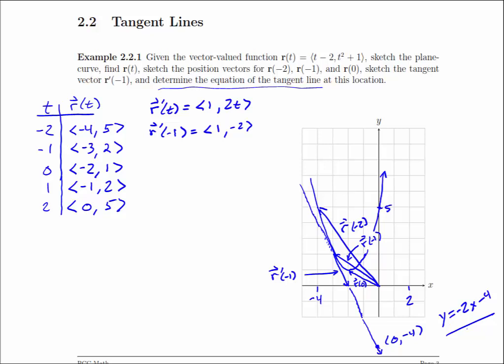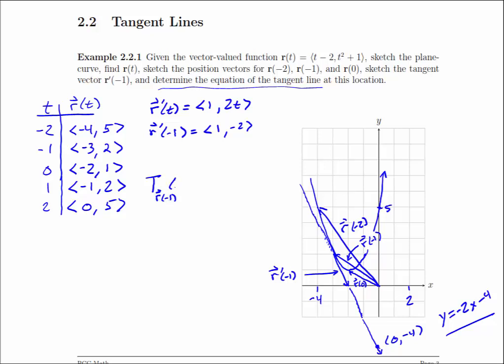But we want to do this using vectors. So if I'm remembering how we find the equation of a line for vectors, we do this by saying that our tangent line, and I'm going to use a subscript r of negative 1. So I'm not finding the tangent line for some point like this one or this one. I'm finding it specifically at this location r of negative 1.